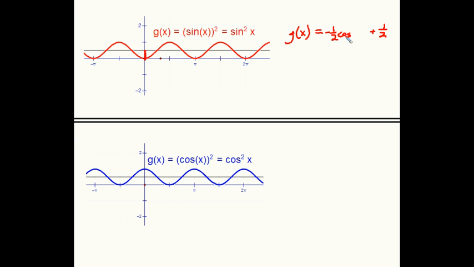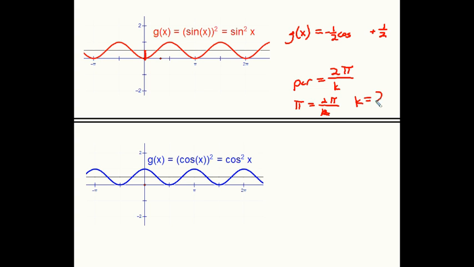Well, the period here is not 2 pi, it's just pi. So we learned in the past that the period for sine and cosine is going to equal 2 pi over k. Well, in this case, our period is pi, so pi equals 2 pi over k. And solving for k, in order for pi to equal this, k has to be 2.